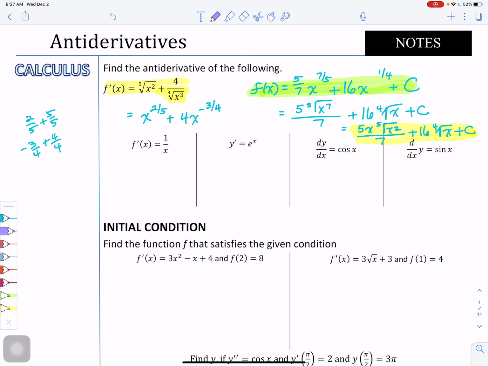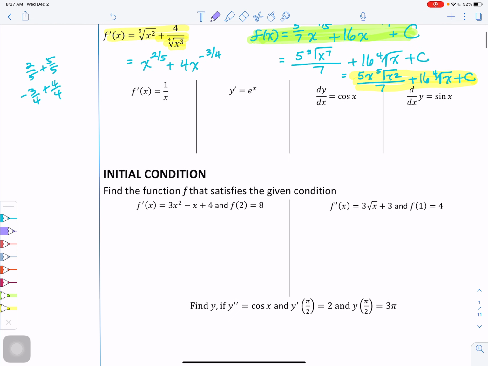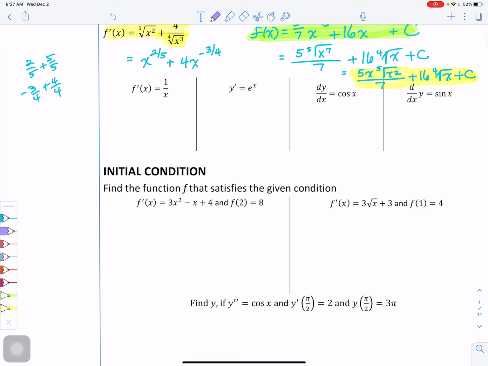Now, I want you to think about, what did you take the derivative of and get 1 over x? So some of these, we can't use the power rule on, right? We have to think about what we took the derivative of to get what they give us. So I know that I took the derivative of the natural log of x and found that derivative to be 1 over x.